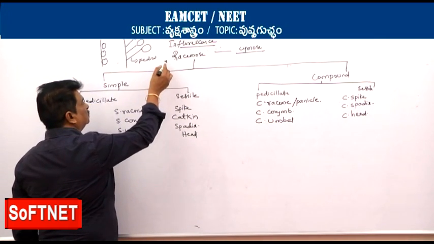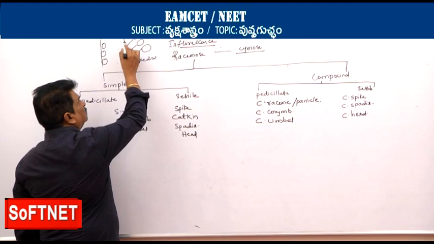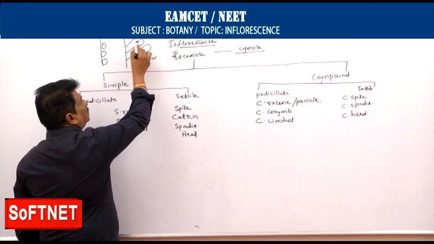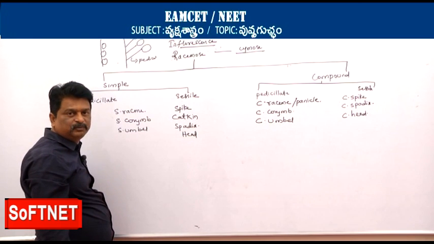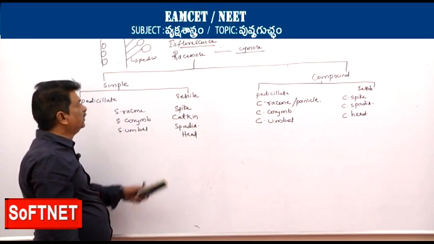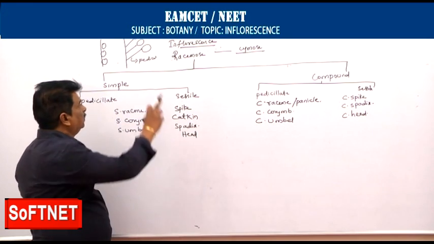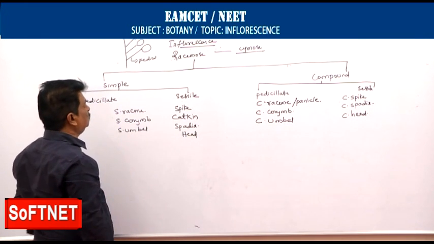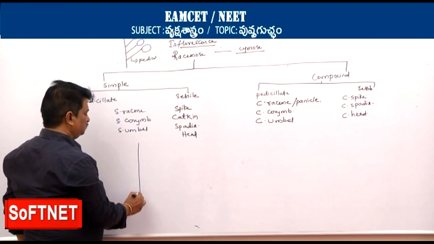In racemose, the peduncle grows indefinitely. The simple peduncle is unbranched, with pedicellate flowers, all arranged acropetally. So it is called simple raceme. Example for simple raceme: Crotalaria. Then next one, compound raceme. There is a small difference between simple raceme and compound raceme.